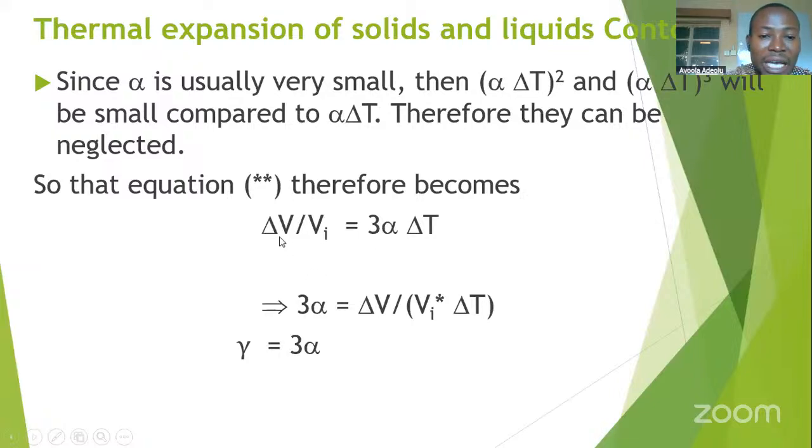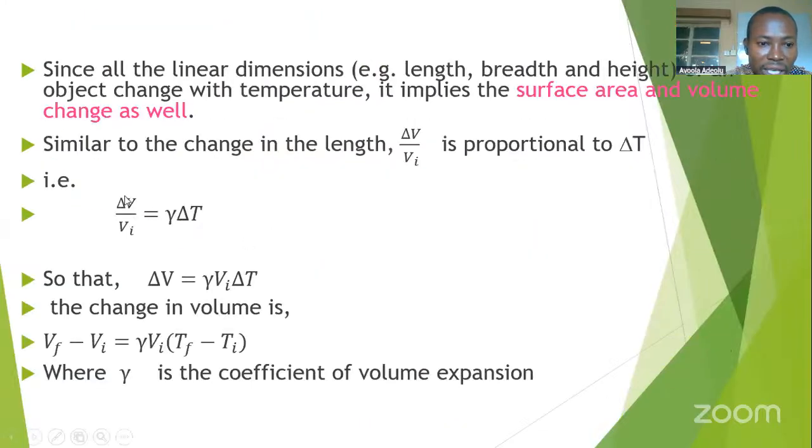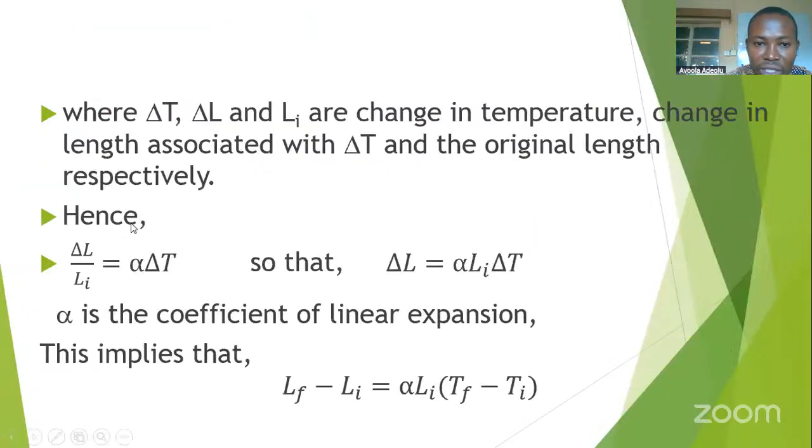So that means I can have delta V over Vi is equal to a constant times delta t. If you go back to where we have delta something over the original, it is equal to a constant times delta t. For instance, we have it here in the length.